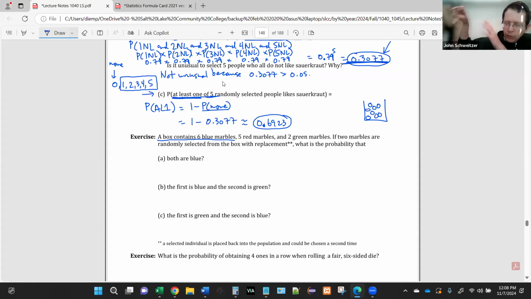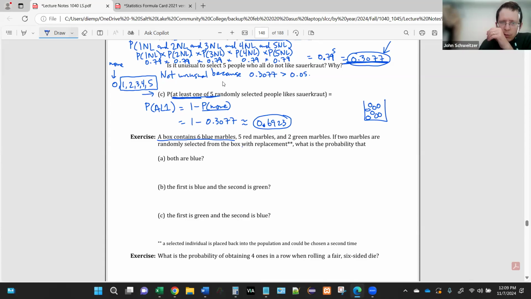You reach back in and pull another marble out. Does that second marble remember the color of the first? No. In other words, the fact that you got blue for the first marble will not affect the probability of getting blue on the second marble. I hope that makes sense and seems correct.